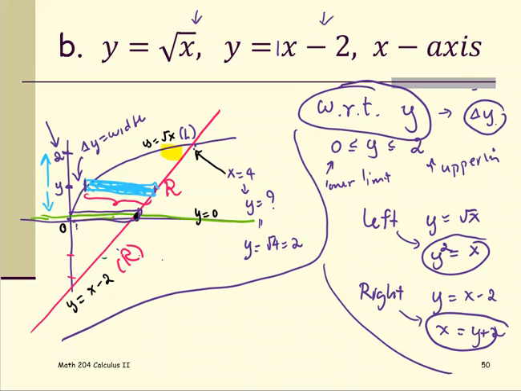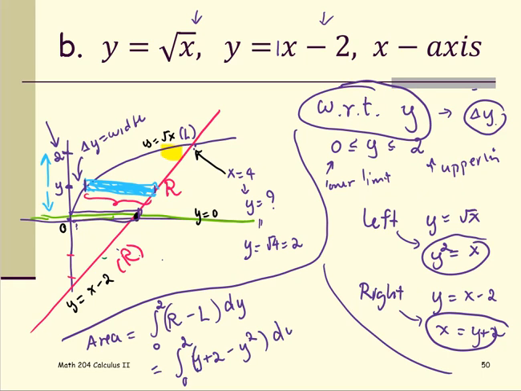The area of this region is going to be the definite integral from the lower limit 0 to the upper limit 2 of the right function minus the left function, multiplied by the width, which is with respect to y. In our case, the right function is y plus 2, the left function is y squared, and we integrate with respect to y. So this is the setup when you use y for this problem.